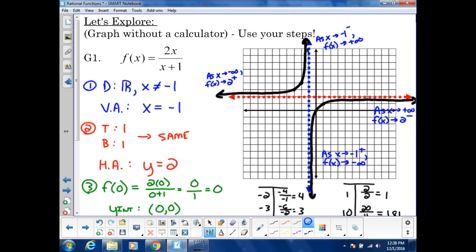As x goes to negative infinity, that means I'm going to the left. These two right here are end behaviors, so the left and to the right. End behaviors go to the left and right, and other behaviors go up.